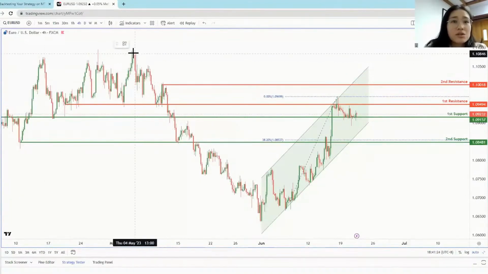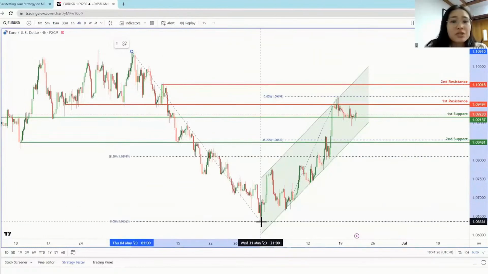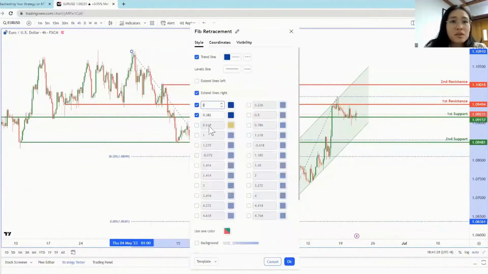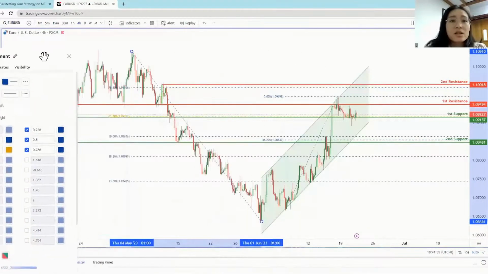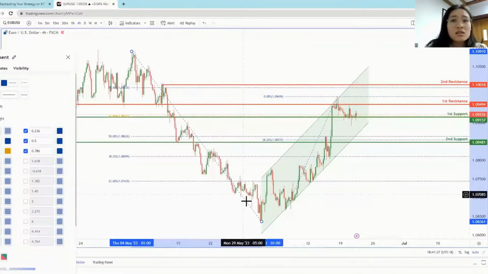So I'm just going to go ahead and keep that. Okay, and then I'm going to see if I have another retracement over here. So same thing, I'm going to look at these 5 levels. And I can see 78.6 lines up with my second resistance.